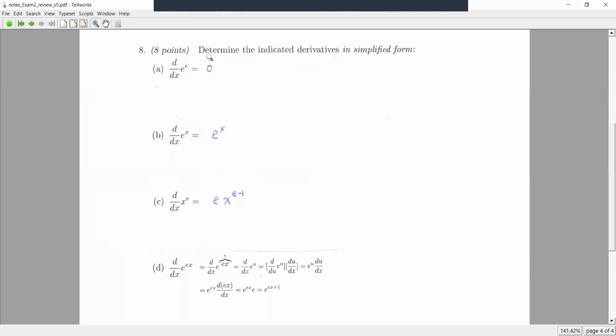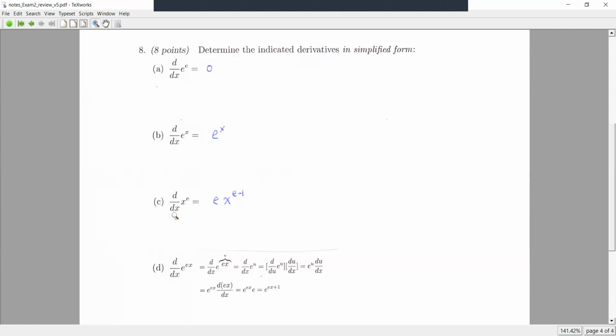Problem 8. Determine the indicated derivatives in simplified form. Part A. The derivative of e to the e is 0 because e to the e is a constant, it doesn't depend on x. Part B. The derivative of e to the x is e to the x by formula.